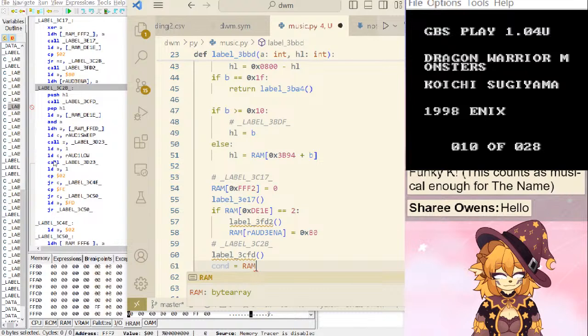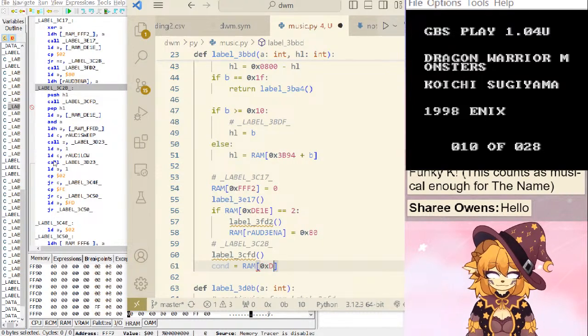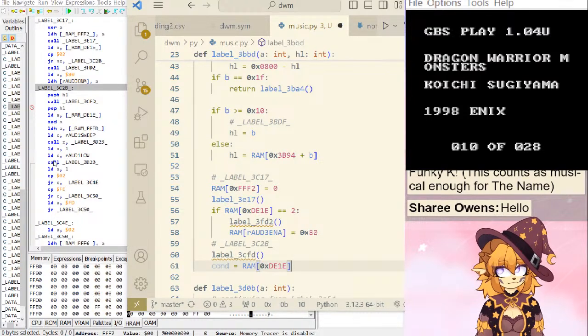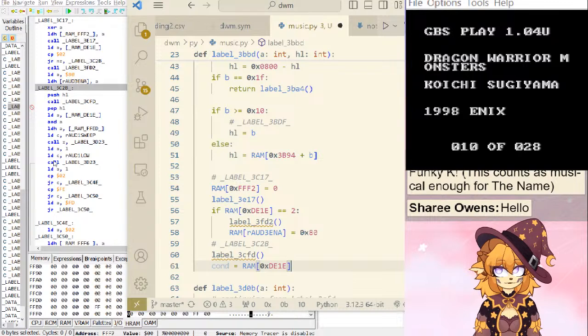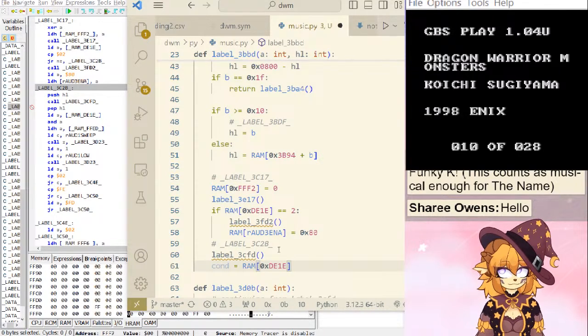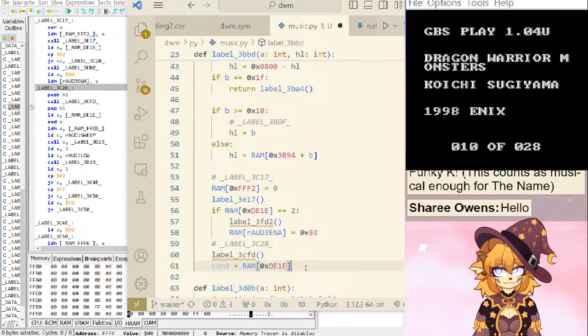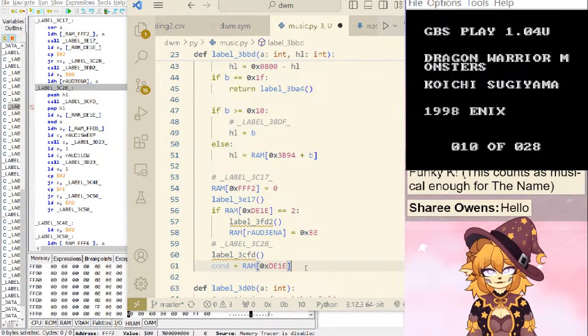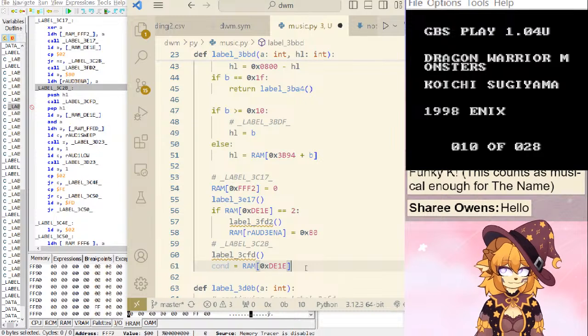So we want to say RAM 0xDE1E. ANDing with itself is basically just turning it into a boolean. In Python we don't need to turn it into a boolean, so we can just leave it as is.